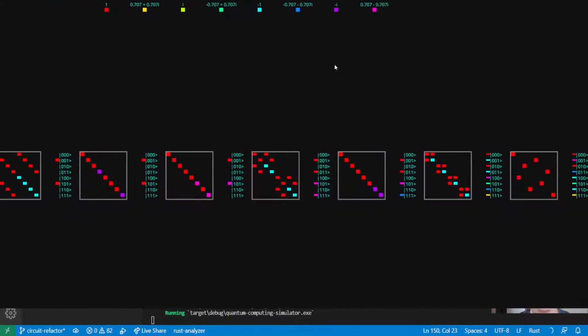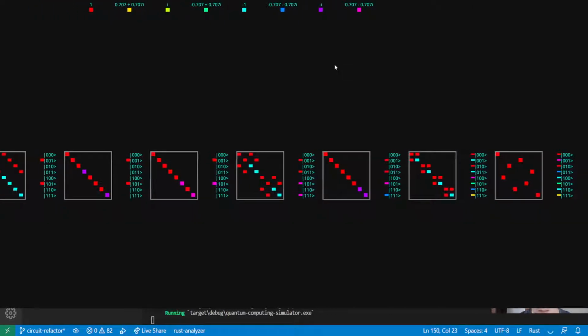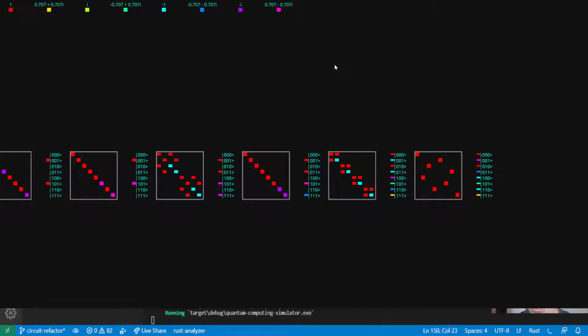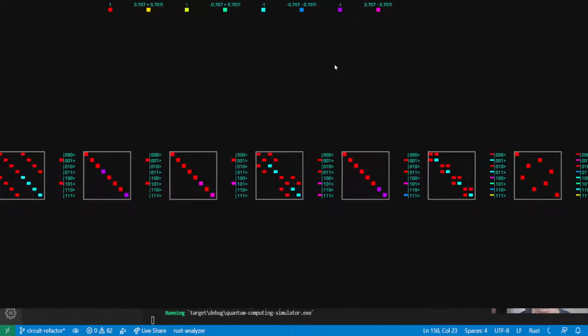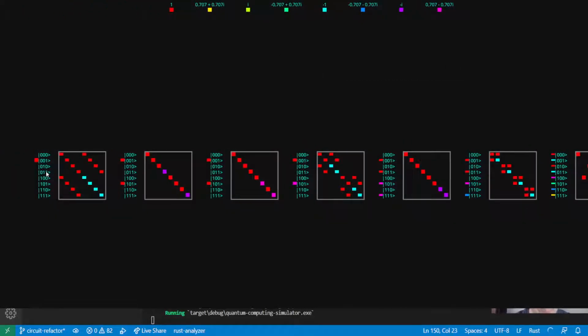This looks suspiciously like the right answer. Ish. Sort of. Potentially. Not quite. But it's better. Okay, so this was the correct gate.